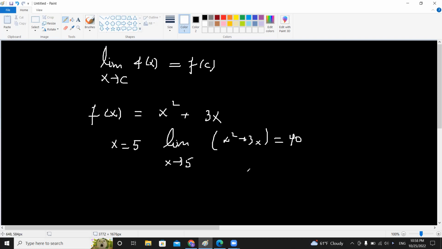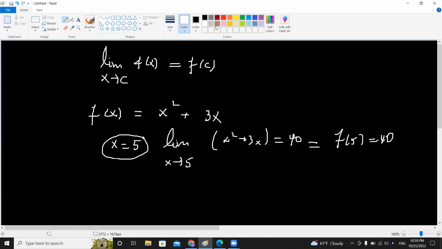But we shouldn't forget that f(5) is also 40. So they are equal, and we can say that the function is continuous at point x equals 5. In fact, this function is continuous everywhere at any point of the domain. We are going to talk about it a little later. Today's purpose is to focus on continuity at a point.